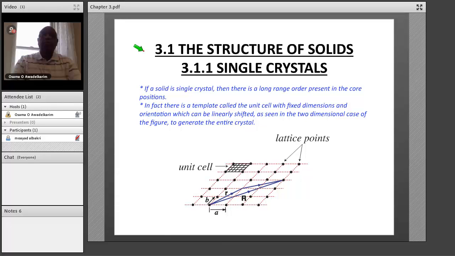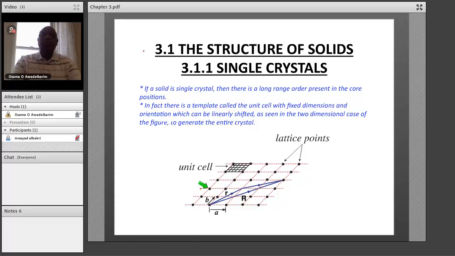And before we talk about this long range order, let us work with a very simple mathematical model or a mathematical abstraction that we could use in describing single crystalline solids. The mathematical abstraction that we want to work with is a geometrical array as the one that we see here in this figure.